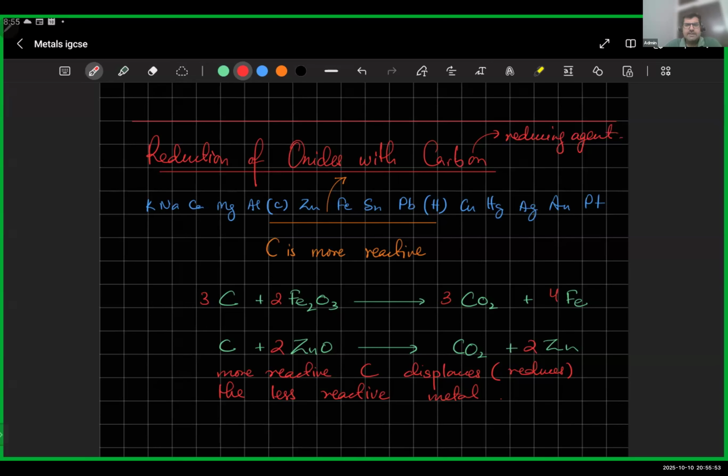More reactive carbon displaces the less reactive metal. ये बात clear है फातिमा, is this clear? Yes, clear है sir.